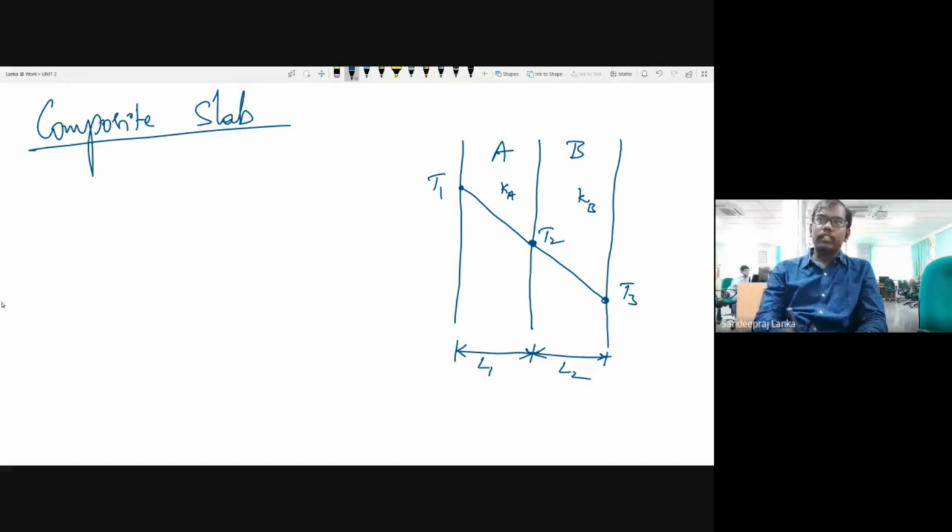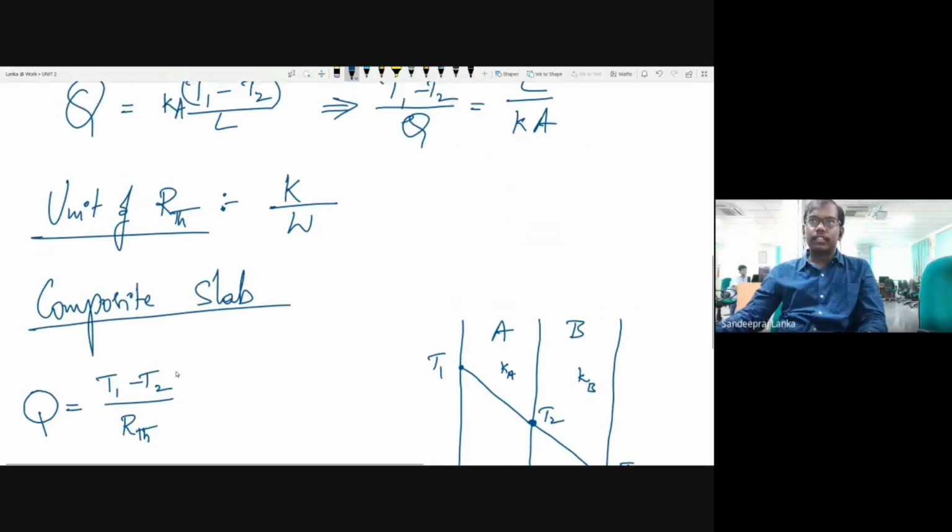If this is the case, what I can write here is Q equal to T1 minus T2 by RTH. How can I write this?